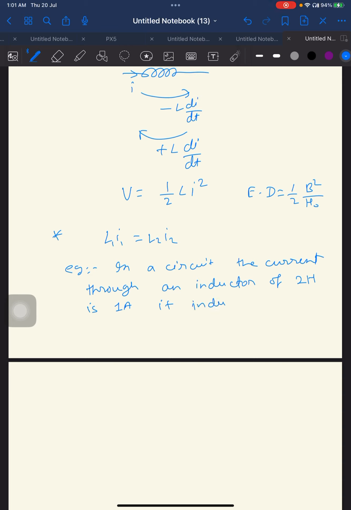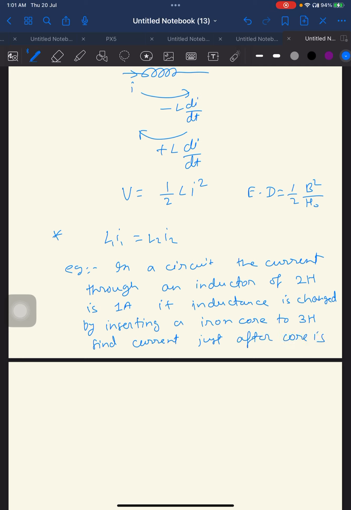If the inductance is changed by inserting an iron core to 3 Henry, find the current just after the core is inserted.